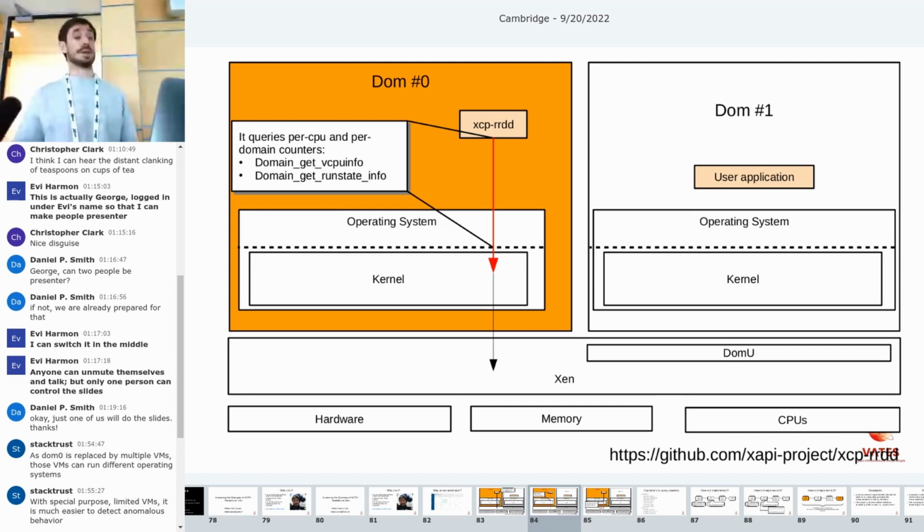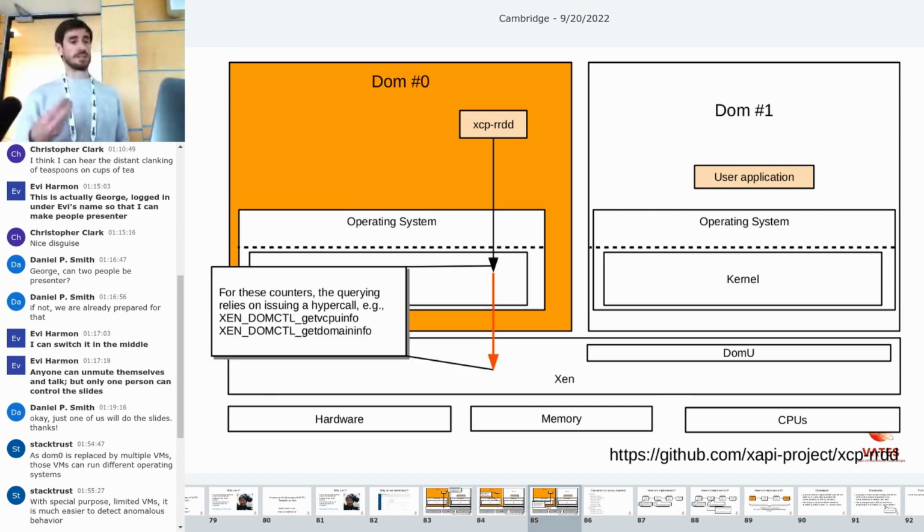The first one is per VCPU, and the second one is per domain. This is, for example, information about a VCPU, how much time the VCPU is actually running on a physical CPU, and so on. In xcp-rrdd, this tool is querying these values every 5 seconds for every VCPU in the system.